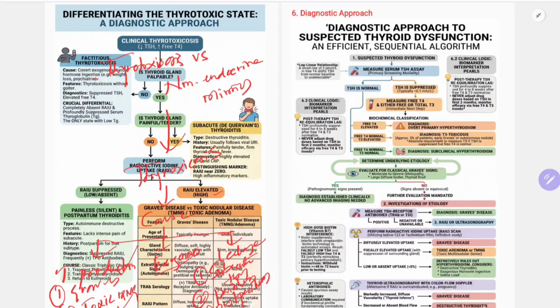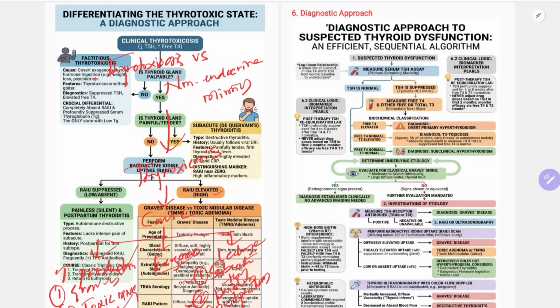Whereas in subacute viral thyroiditis you will have painful enlargement, history of fever, and history of upper respiratory tract infection. In painless thyroiditis you will have enlargement but no pain, and no history of pregnancy. But in postpartum you will have a history of pregnancy. So that's how you differentiate clinically.